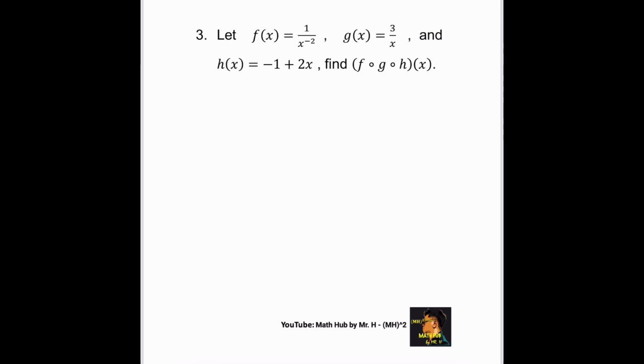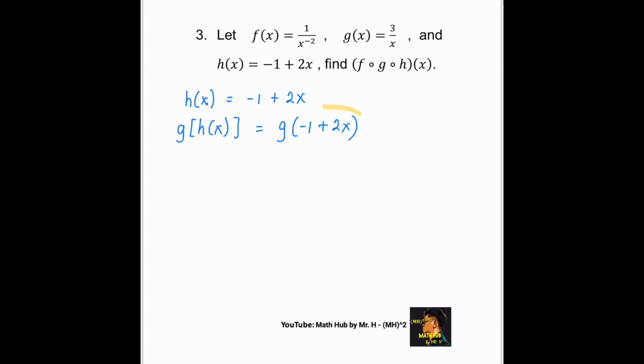Let's begin by writing our h of x, which is negative 1 plus 2x. And we know that h of x is inside function g. So it's like g of h of x, which is going to be equal to g of negative 1 plus 2x.